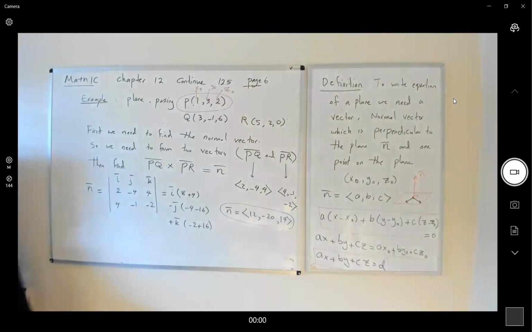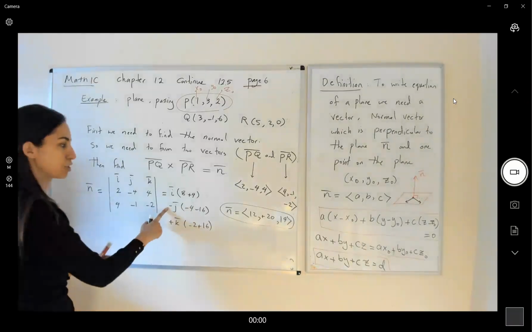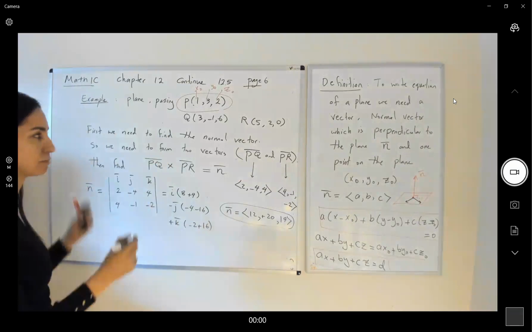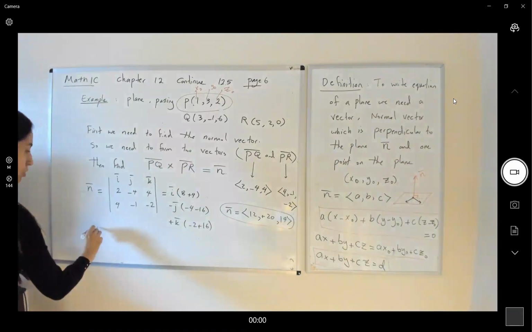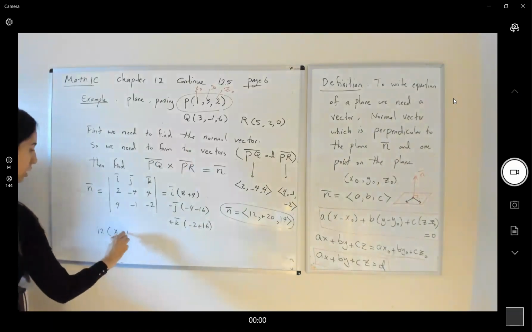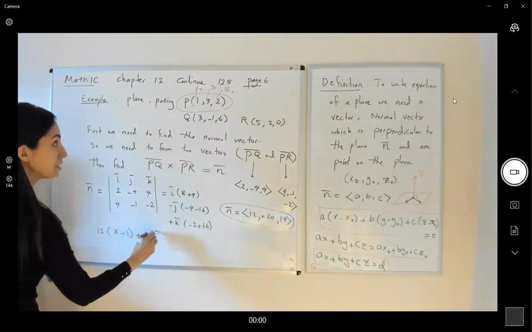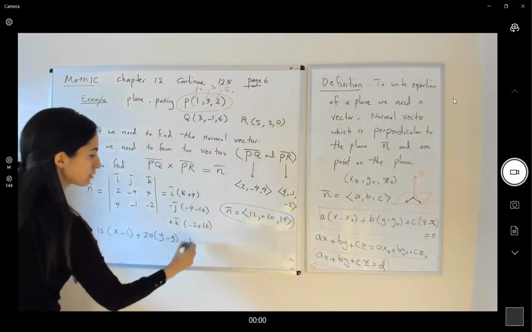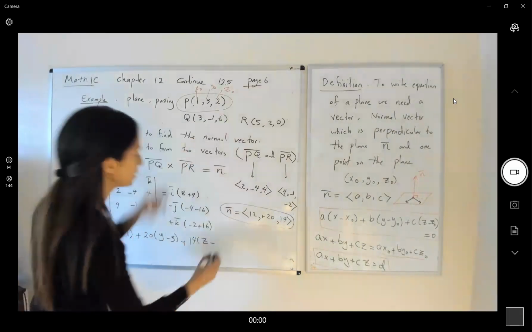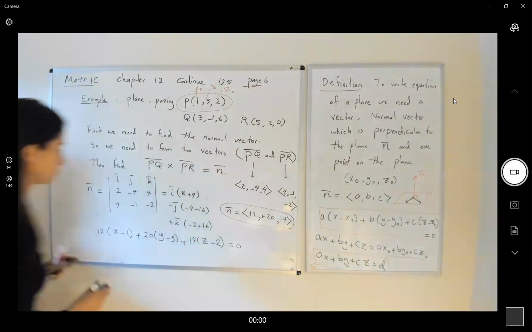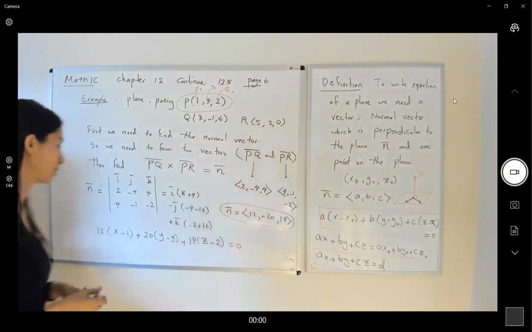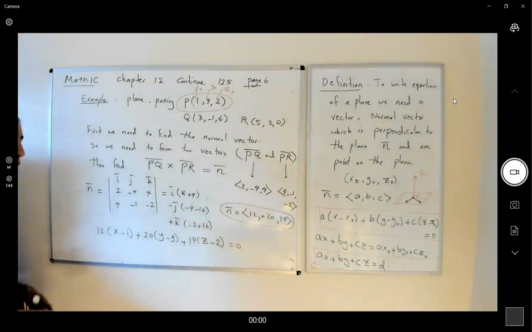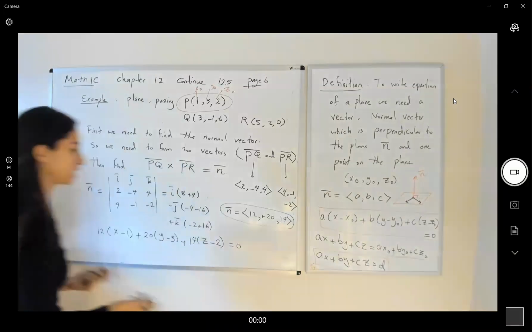Now the equation of your plane is A, which is 12, times (x minus 1) plus 20 times (y minus 3) plus 14 times (z minus 2) equal to 0. Before distributing these numbers, let us find the common factor between them, divide everything by the common factor, and simplify it as much as we can.